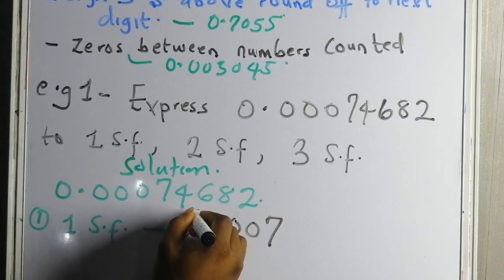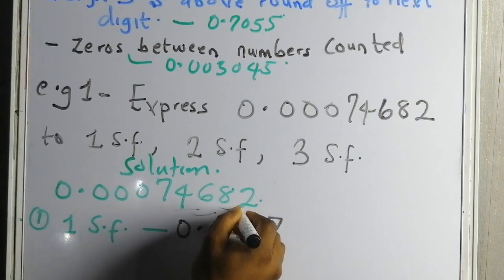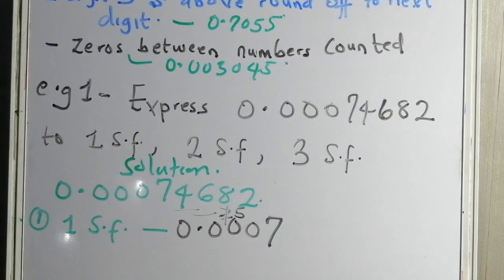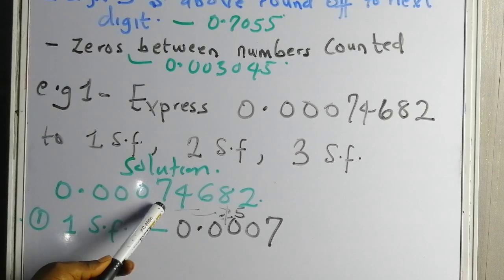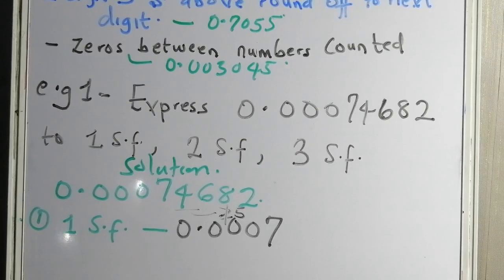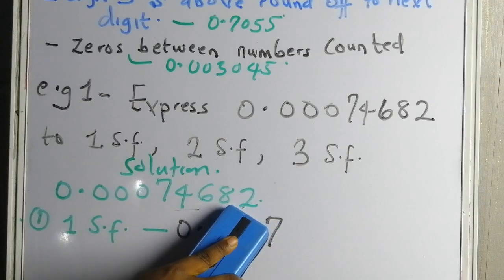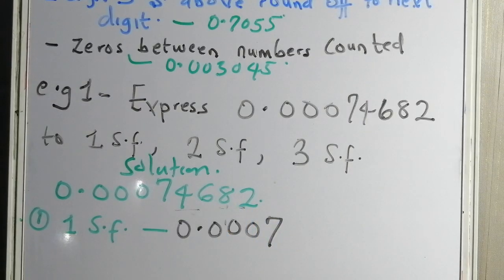This 4 that you have here is not greater than or equal to 5. Because it's not, there's no need to approximate 7 up, so you leave it. So that is the meaning. So the answer here is 0.0007.